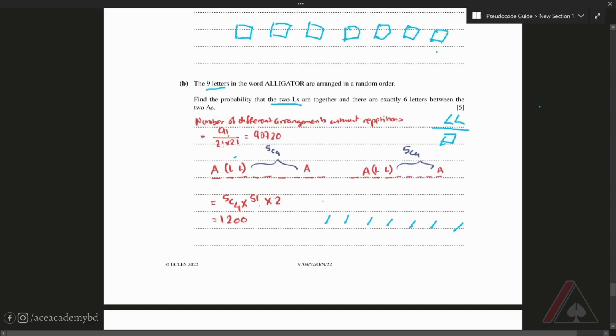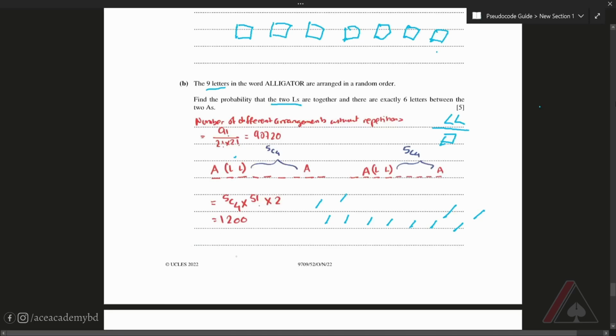So with 6 letters between the two A's, they can either be in this spot or in this spot. So they have 2 possible outcomes. And between the two A's, there could be 6 letters.